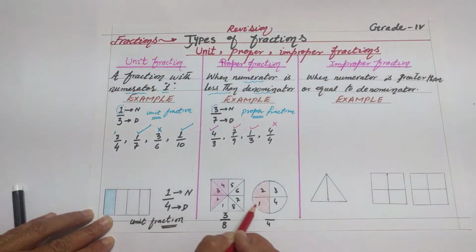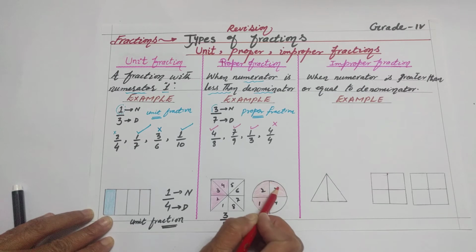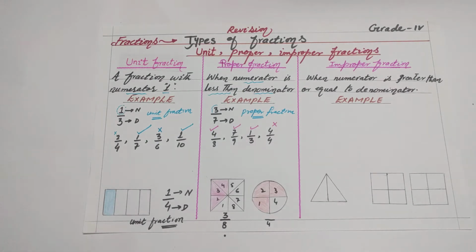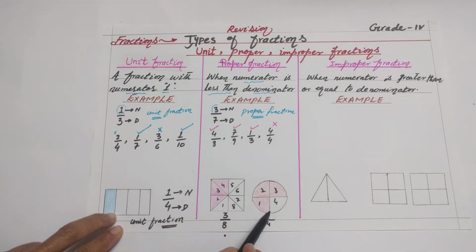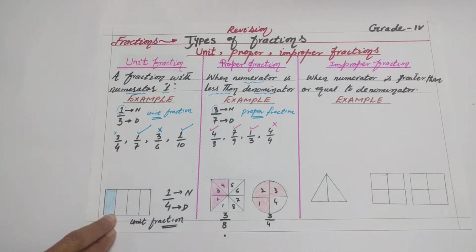So you can color 1, you can also color 2, or you can also color 3, because 1 is less than 4, 2 is less than 4 and 3 is also less than 4. So you can color the number of parts which are less than 4. So 1, 2, 3. As 3 is less than 4, it means 3 by 4 represents the proper fraction. Got it? Come to the next one.